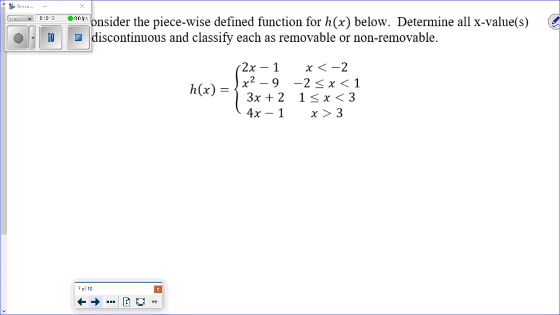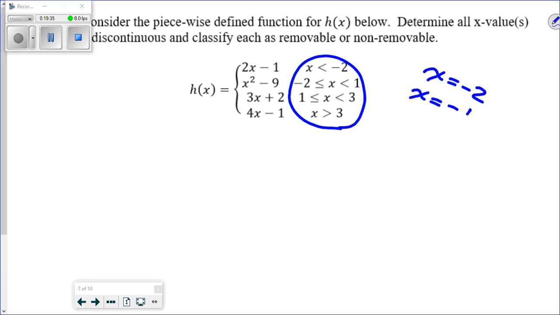Well, with your piecewise functions, the jump would possibly occur at what I call the cutoff points. So these are basically your cutoff points, where the function changes, okay? All right, so anyway, we need to consider x equals -2, x equals 1, and x equals 3.